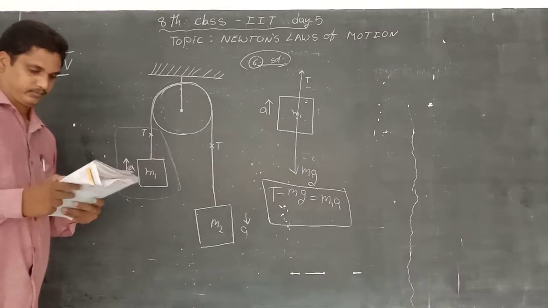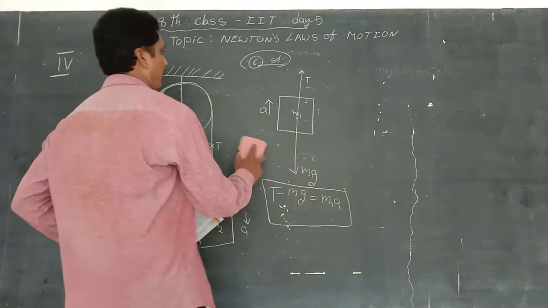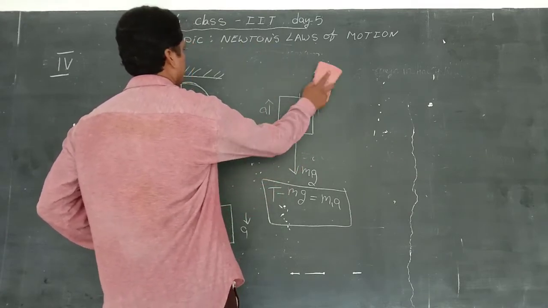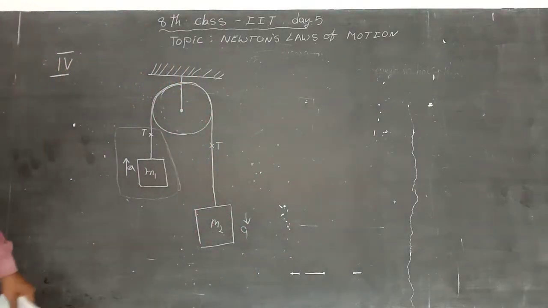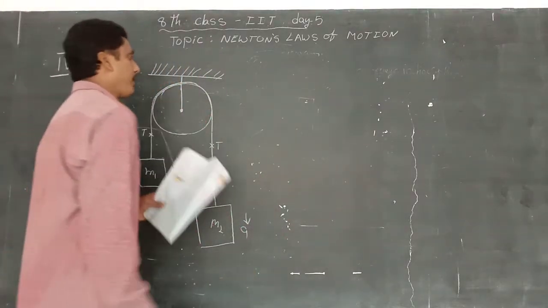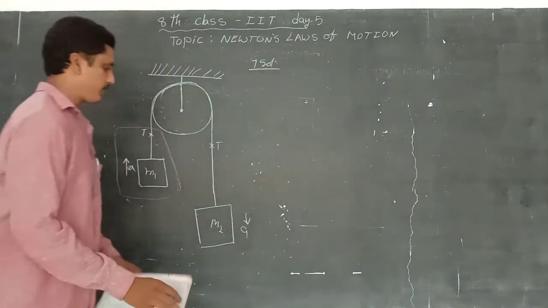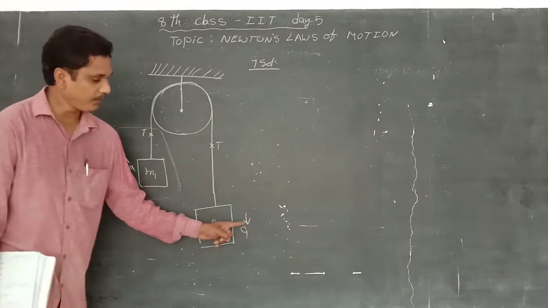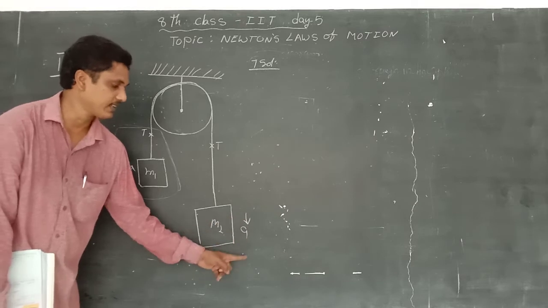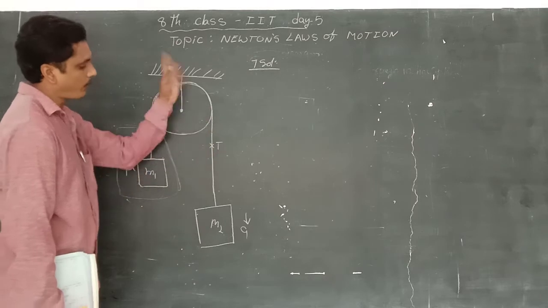Bit number 7. Free body diagram of M2. Where is the M2? Here is the M2. M2 is greater than M1. The acceleration of the body is in downward direction. So tension is in upward direction.